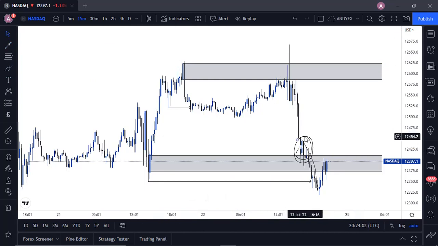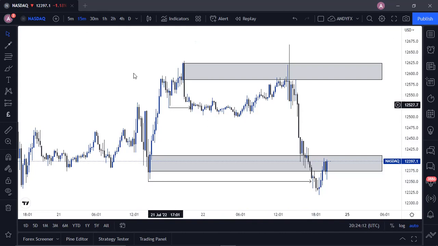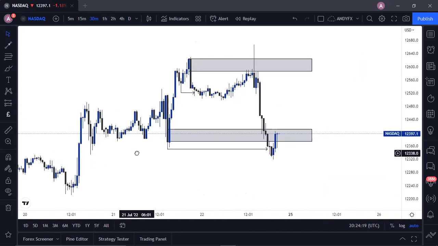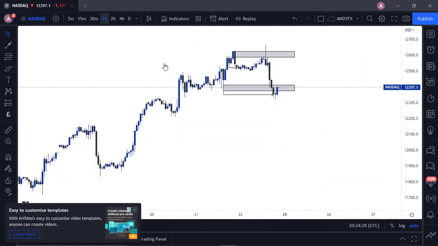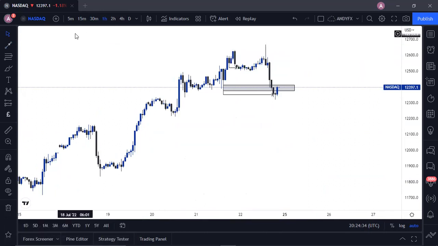When it broke our structure, what you need to look for is our point of interest. Going to 30 minutes, let me see on 30 minutes. It broke our structure. Again H1.